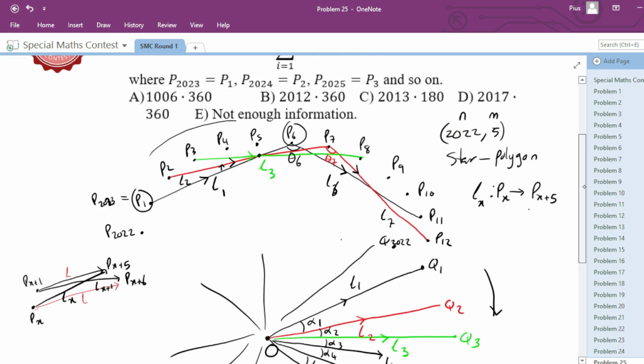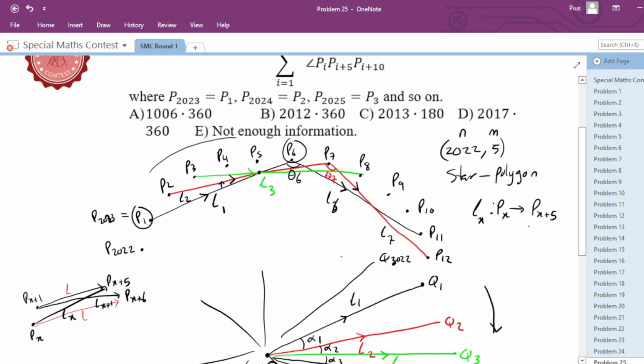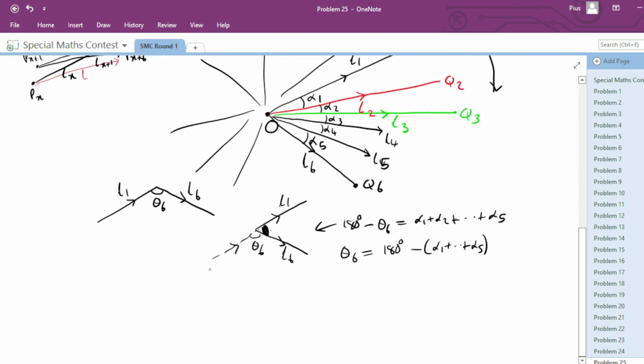So this is what we actually have, and then we just need to sum this for all 2022 numbers, and then we're good to go. But we keep in mind that alpha 1 plus up to alpha 2022 will just be a full circle, so that's 360. Okay, so now we write this formula in a general form.